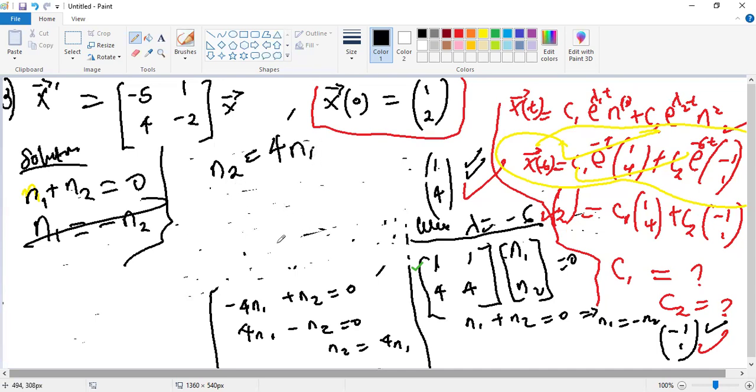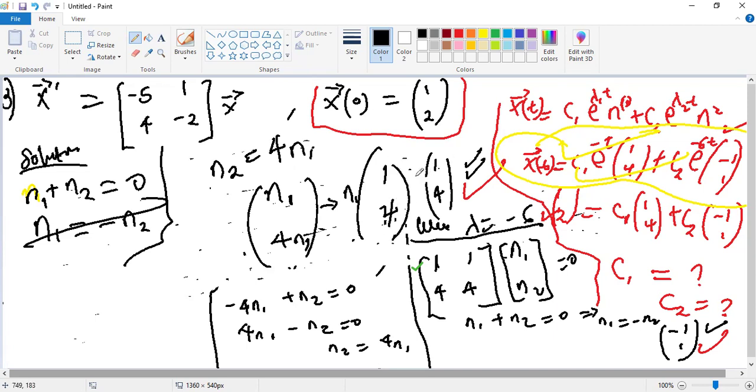So when you write, let N1 be N1. N2 will be what? N2 is 4N1. You see we have written both in terms of N1. So take N1 out, and this becomes 1, this becomes 4. And that is what we got here. We are writing them in terms of the same variable so that we can take out the constants and find the relationship. Please redo those values of lambda.